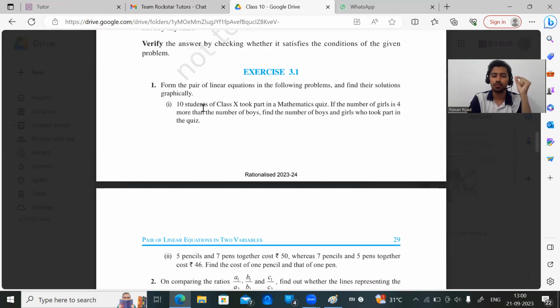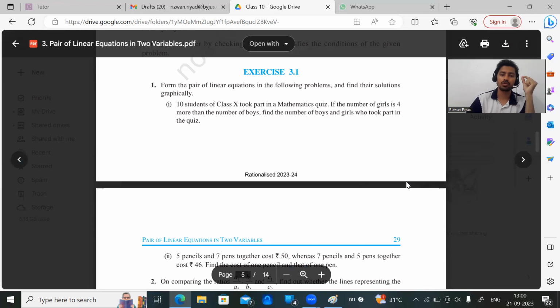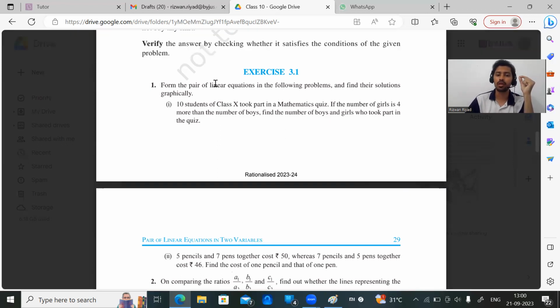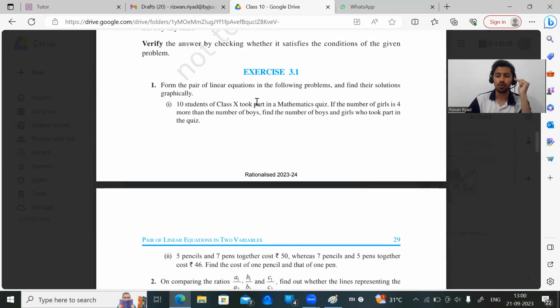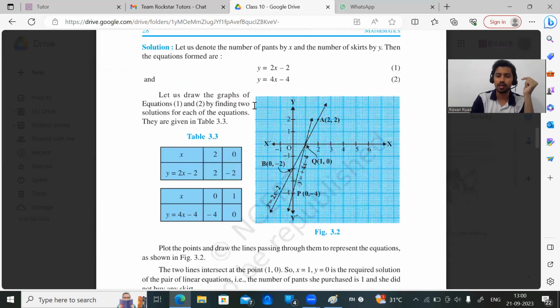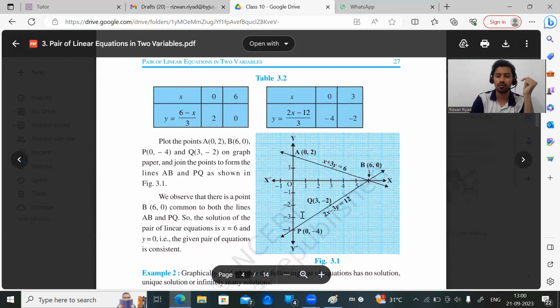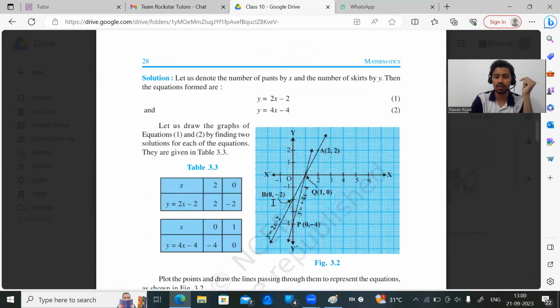That means for each of these cases, you have to form a pair of linear equations in two variables, and not only that, you have to solve it graphically, same as what we discussed here. Here we have solved one pair of linear equations graphically, right? Same as that.